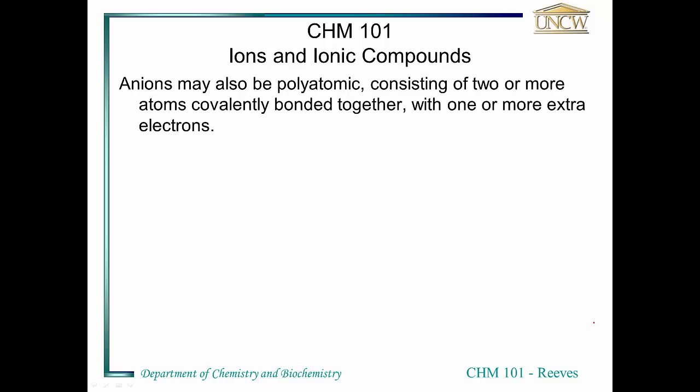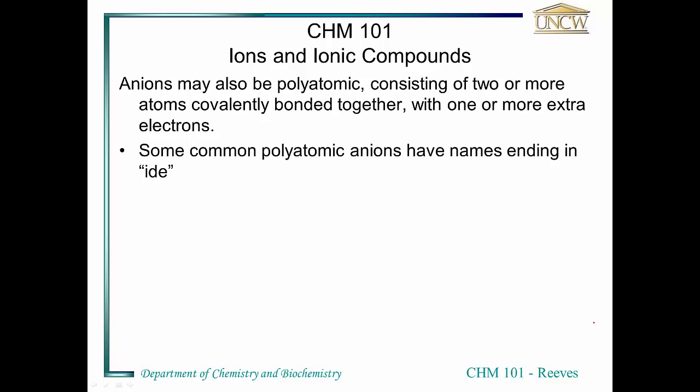All right, anions can also be polyatomic, however. Remember, covalent bonds involve shared electrons, and they're typically very strong. And so you have 2 or more of these atoms bound together such that the total number of electrons is not equal to the total number of protons. In the case of an anion, of course, there are more electrons than protons. And those create the polyatomics.